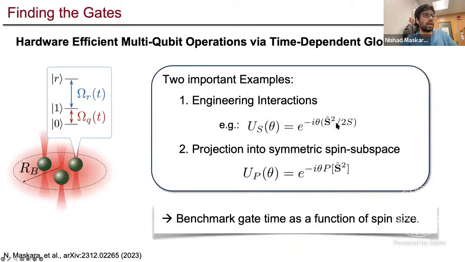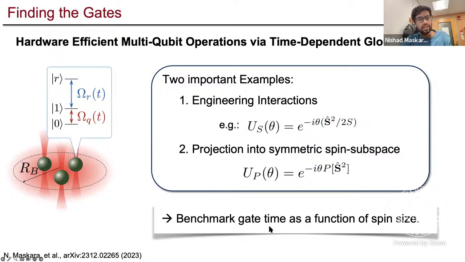So we can also focus on 2 specific types of multi-qubit gates that we use in this protocol. One of them are essentially all-to-all spin interactions that engineer an S² operation within the group of 3 qubits. And the other one is a projection operator, which creates this energy gap that we discussed earlier.